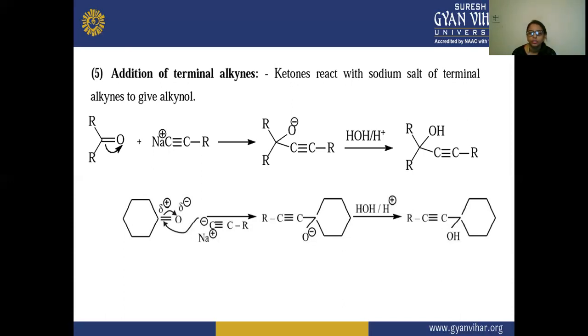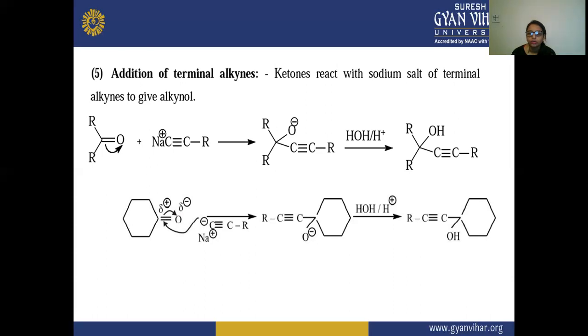This sodium salt reacts with this ketone, and there is a formation of this anion. After that, this anion is hydrolyzed in the presence of water plus H positive, acidified also, and there is a formation of this alcohol, or you can say the alkynyl form.